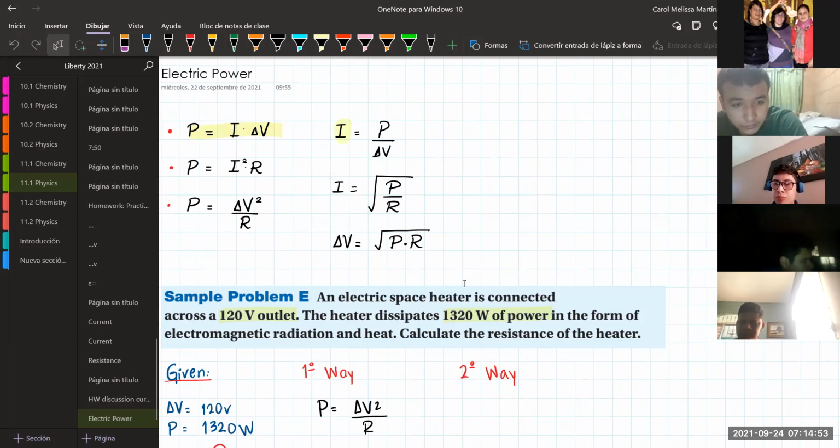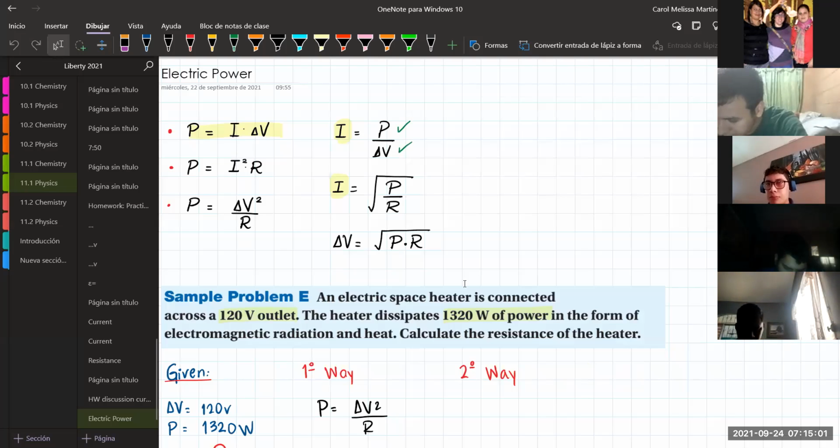These are the equations for me to find current, okay? If I take this first equation, I have power and voltage. If I take the second equation, I have power, and I also have resistance. I can use one or the other, okay?